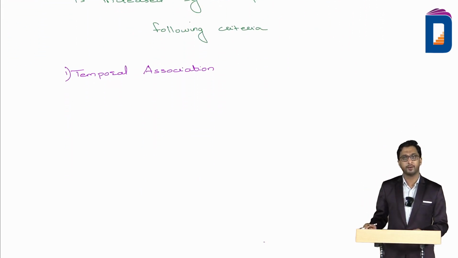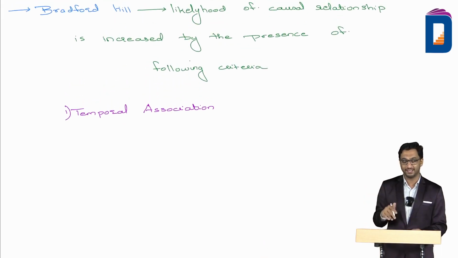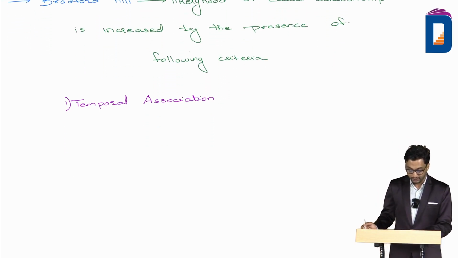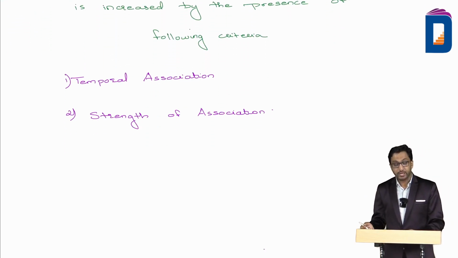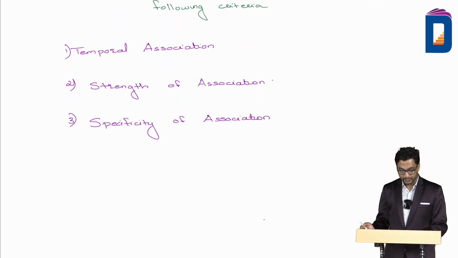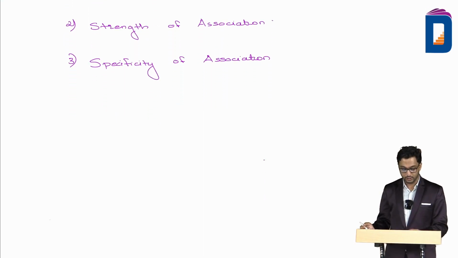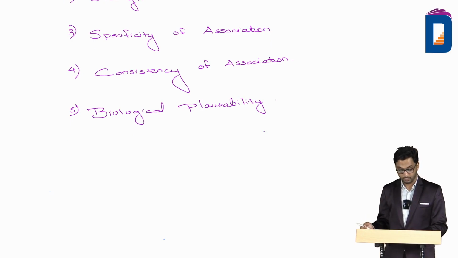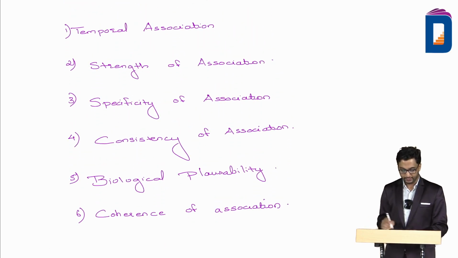Then temporal association is something which strengthens the causal or direct relationship. Now, second is strength of association. Third is specificity of association, consistency, biological plausibility. Just know the names. Coherence of association. I'll explain the temporal; the others are very easy. Temporal and biological coherence, separately.